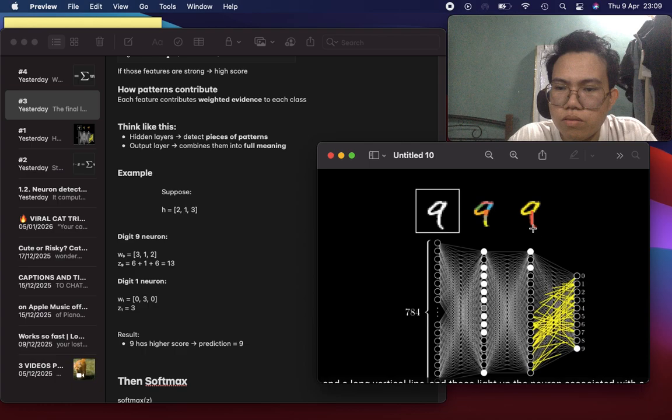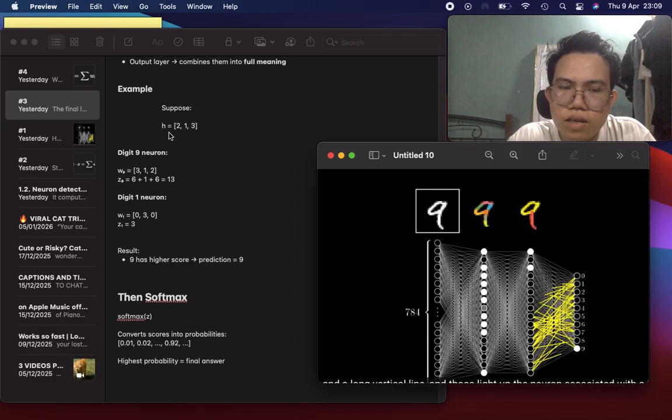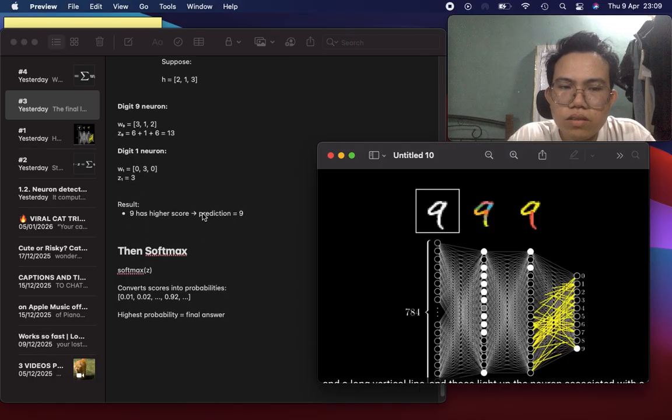So suppose we have the input features 2, 1, 3, which is high, medium, high. But the digit 9 neuron expects high, low, medium, high.